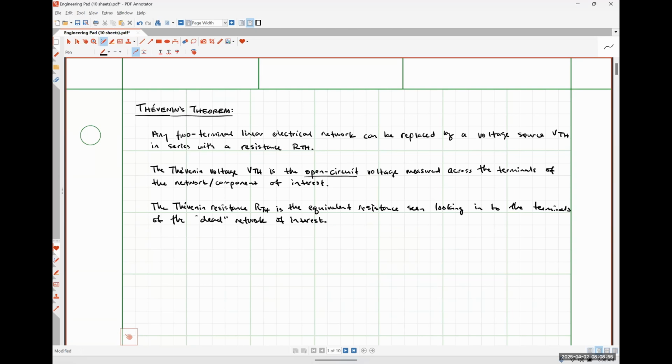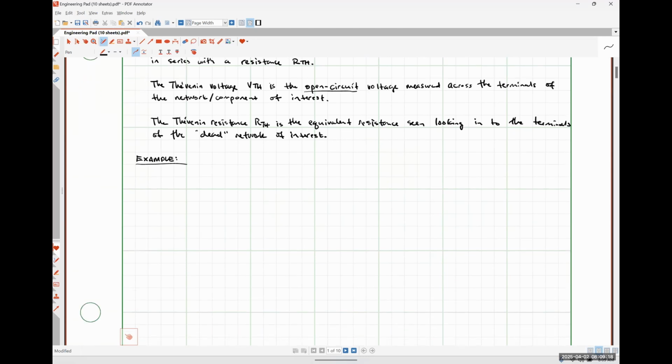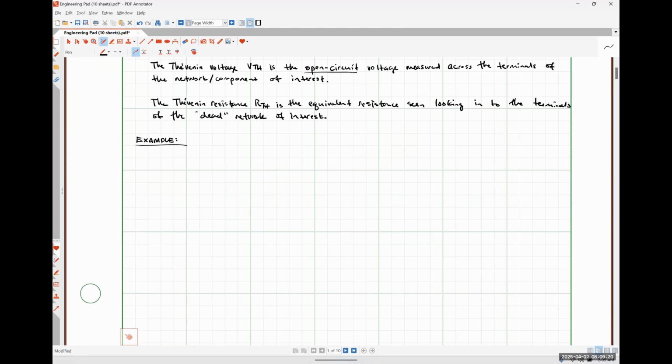So I'm going to give us a circuit here, and we are going to determine the Thevenin equivalent for this particular circuit, okay? So let's say that I have the following network.